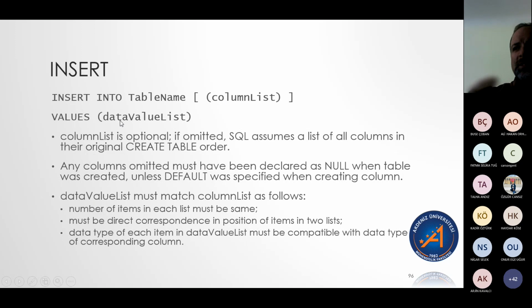Think of it as calling a method, where the parameters you pass when you call the method must match the argument list of the method signature. Same thing. So think of this as the parameter list, and this as the parameters that you are passing to that method.